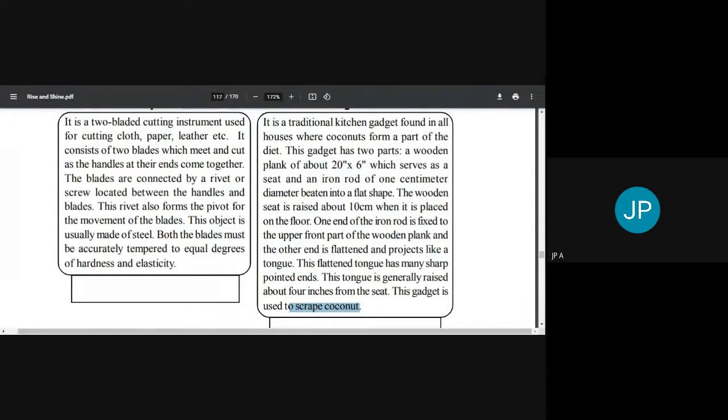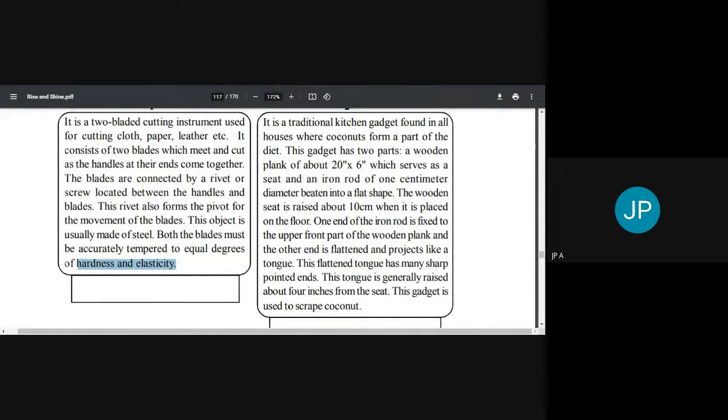So if you look at these descriptions here, see the first description, first you have the definition of the object. What is it used for, etc. What is the definition? It is a two-bladed cutting instrument. What is the use? For cutting cloth, paper, etc. Then we have the description of the parts and their connection, how they are connected, the shape of the object, then the material with which it is made, etc. Then the nature, the property, like we saw, glass is fragile.